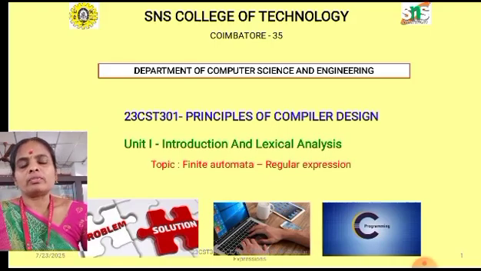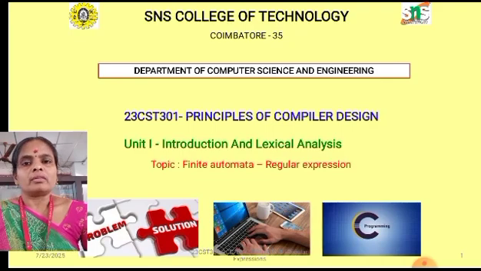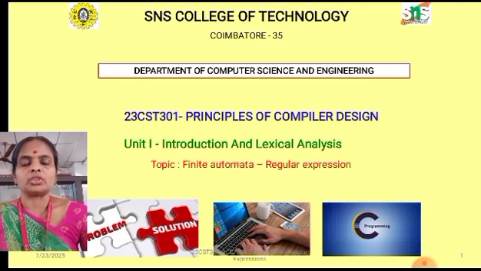So this is the basics of the compiler, and now in this video we are going to look into automata and regular expressions. When we see the compiler as a course, the prerequisite to learn it is the theory of automata.